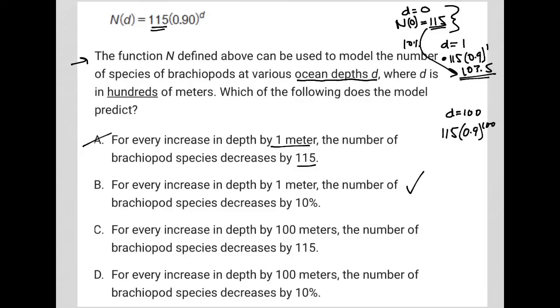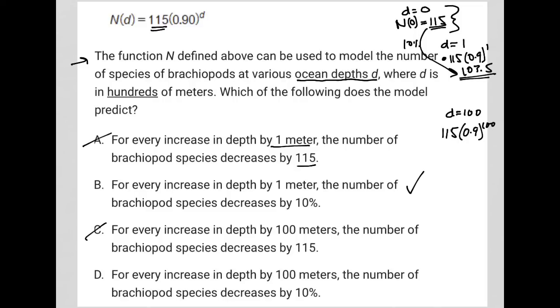I don't think this is going to work out. This seems like it's a bit too high, but we can always figure out what it would be. So I go to my calculator. I'm going to type in 0.9 to the 100 power and multiply that by 115. And no, I'm not getting a decrease of 115 for that. So choice C is gone.